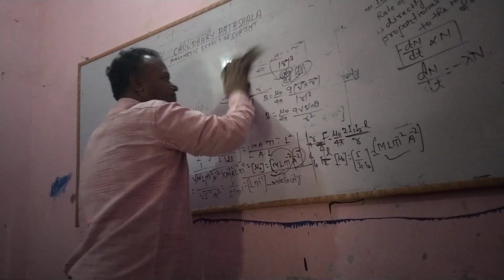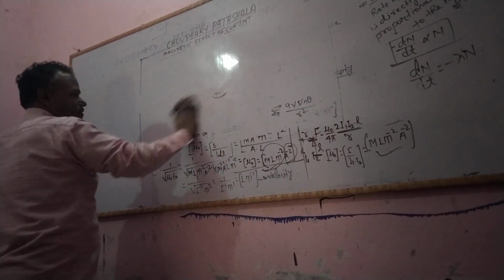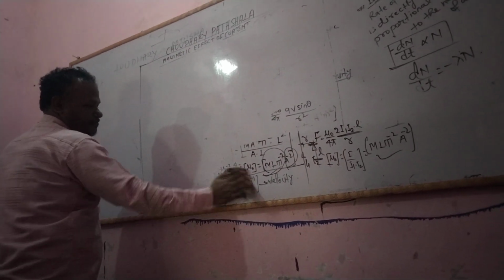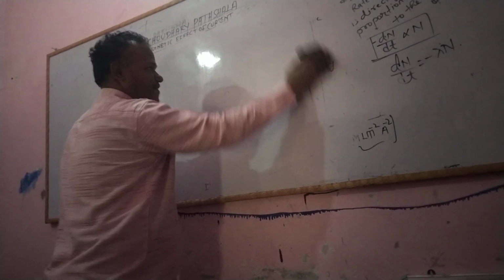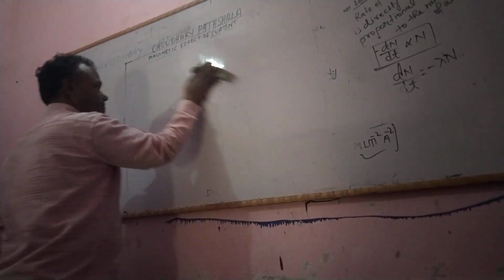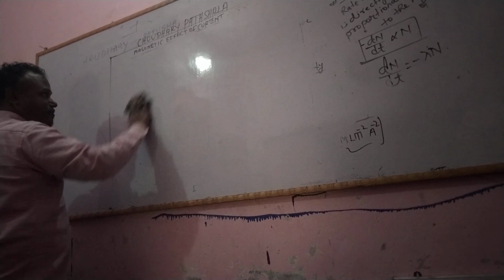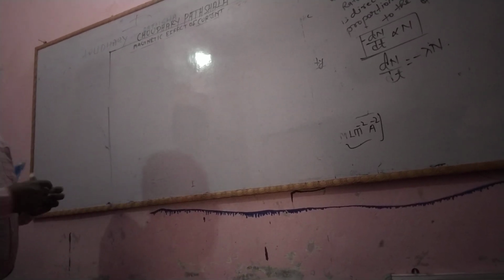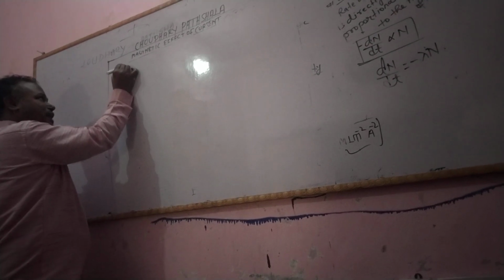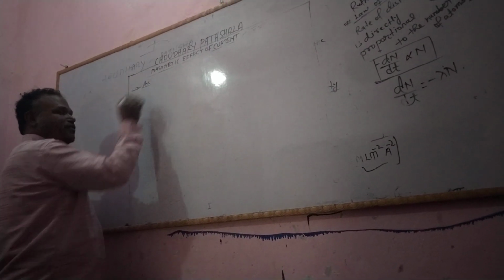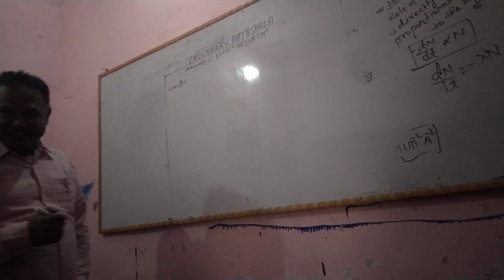So look here. If you find the magnetic field due to an arc, where the current carrying element is in the form of an arc, are you understanding?